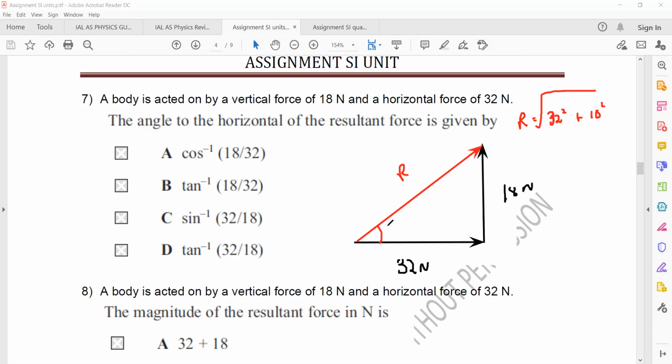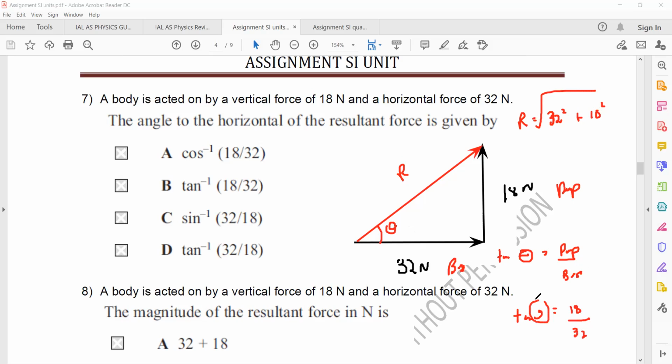But how to get the direction? This one is perpendicular and base. If I need this angle, tan theta is perpendicular over base, so tan theta is 18 over 32.